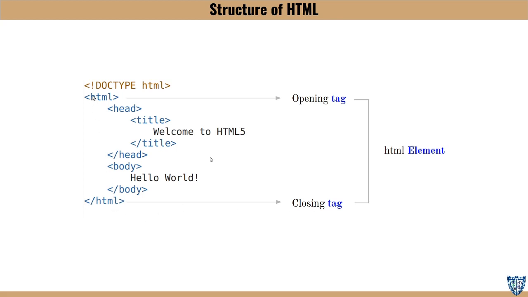If you look closely, the opening tag with the preceding / symbol is the closing tag. HTML is the first tag that you have to write when you are creating an HTML document. Whatever is inside this, including this HTML and /HTML, is called the HTML element.